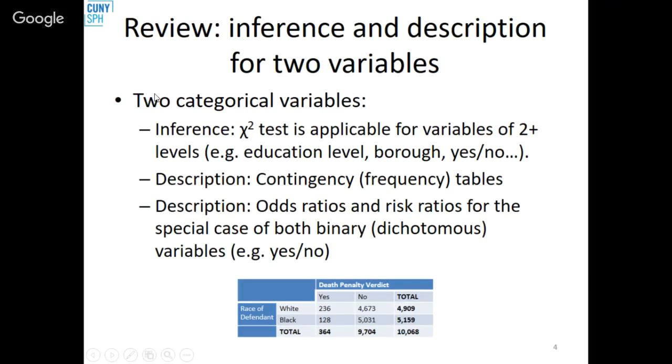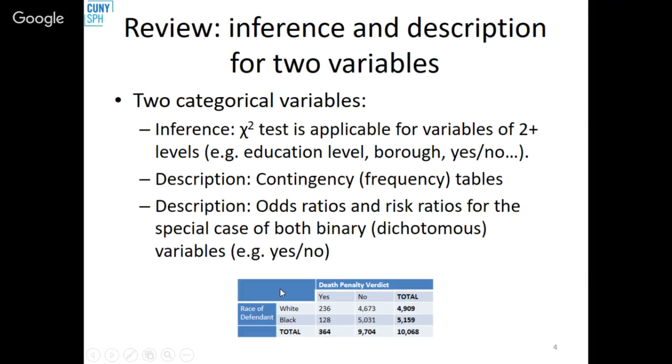In the case with two categorical variables, we did inference using the chi-squared test. There are other options, but we won't really get to those until future semesters. For now, we're just saying the chi-squared test for inference, and for description, contingency or frequency tables, and odds ratios or risk ratios in the case of two binary variables.